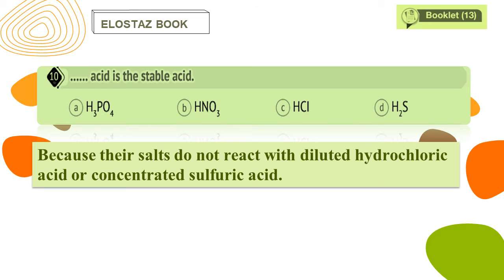So it will be the most stable one, which doesn't react with nitric, hydrochloric or concentrated sulfuric acid, as it carries three hydrogen ions, three protons carrying positive charge. So the right answer will be letter A.